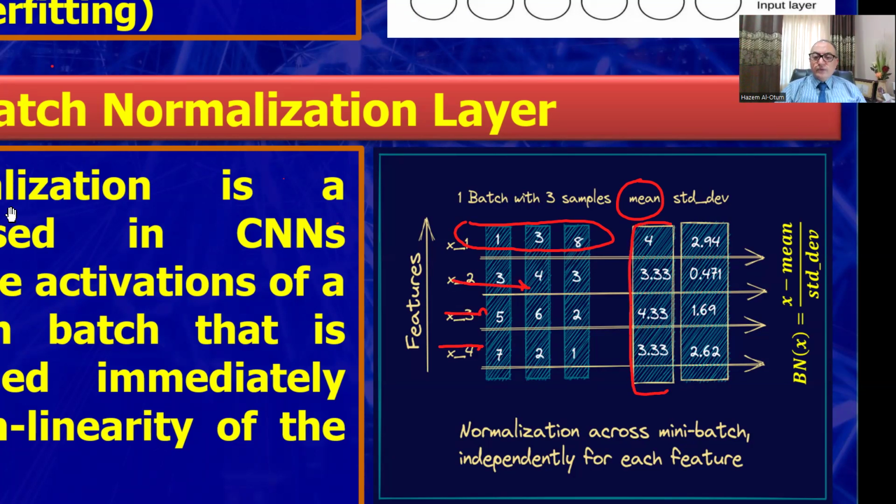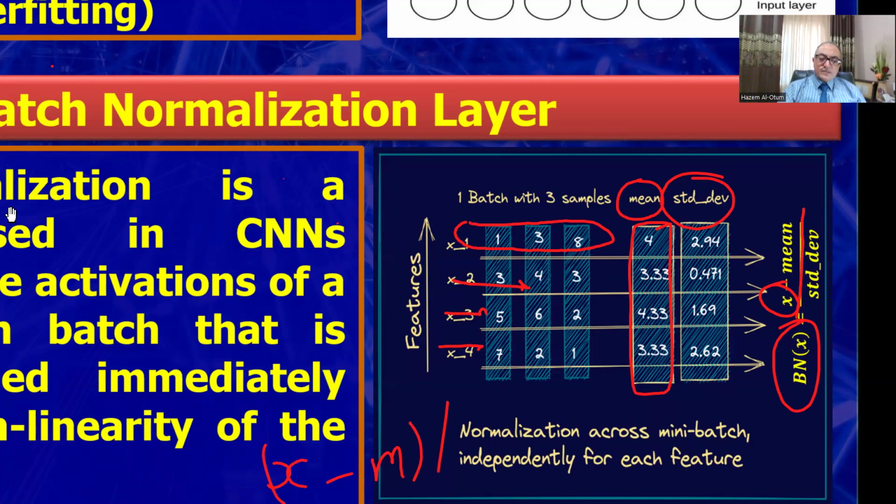We get the value of the mean. Next, we find the standard deviation. You know how to calculate the standard deviation. And finally, find the batch normalization of the input x for this batch. It will be the x value minus the mean divided by the standard deviation sigma.